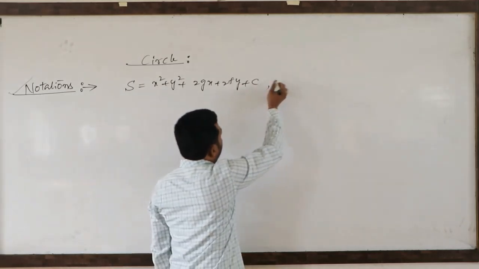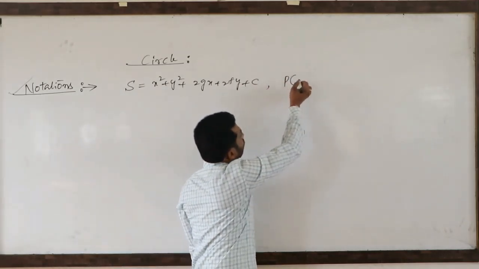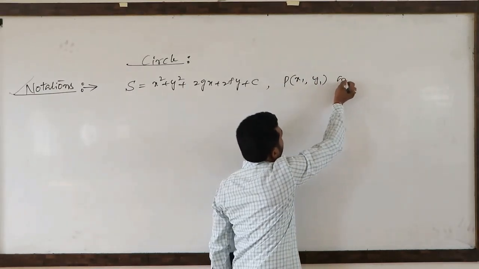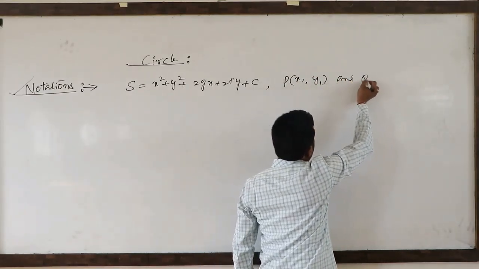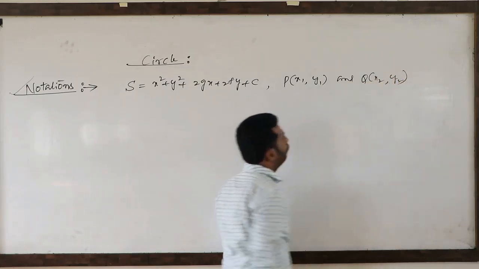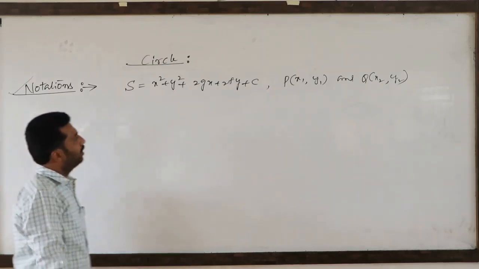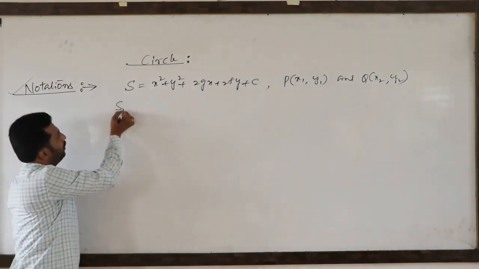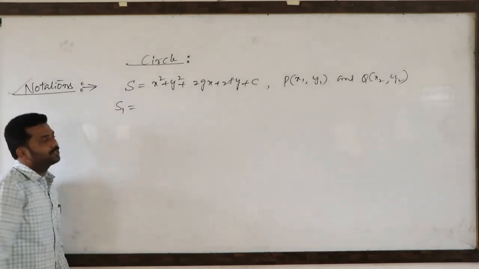In the same plane of the circle, I am taking two points: one is P of x1 comma y1 and another one is Q of x2 comma y2. Now the notation is S1. What is S1?